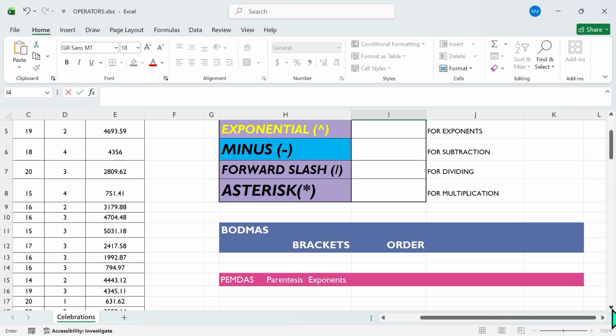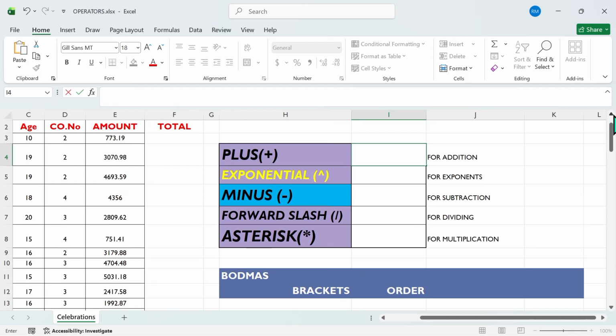You can also look at PEMDAS. PEMDAS is just the same as BODMAS, which is parentheses, followed by anything with exponents, then multiplication, division, addition, and subtraction. So it is the same thing Excel is going to follow as well.